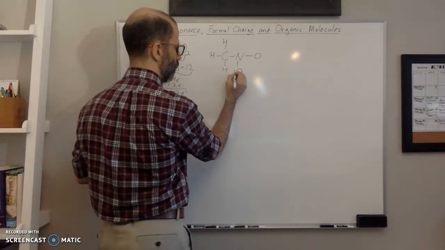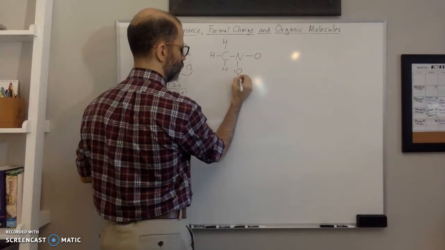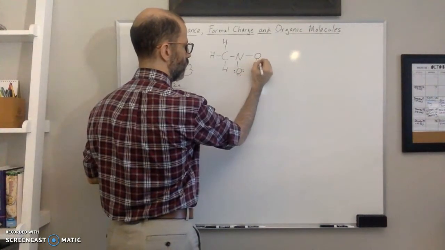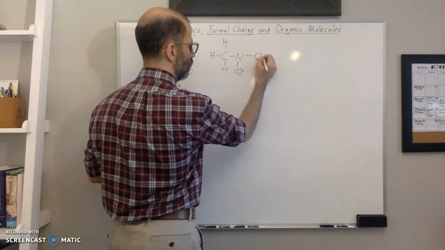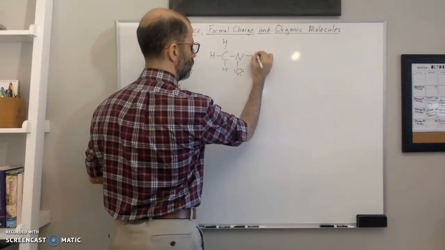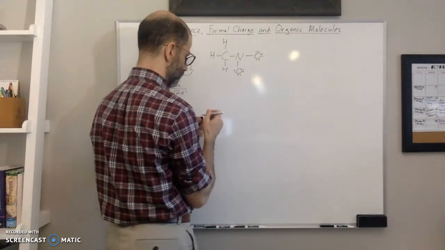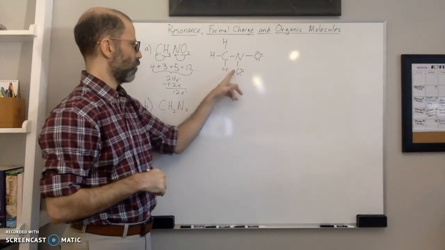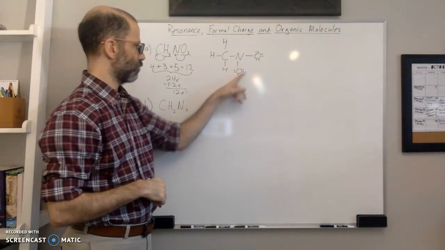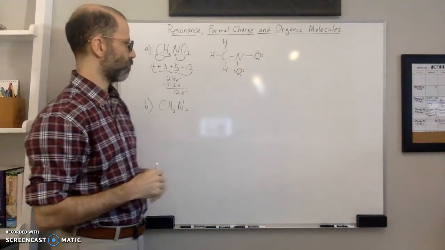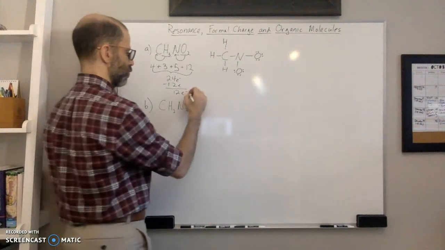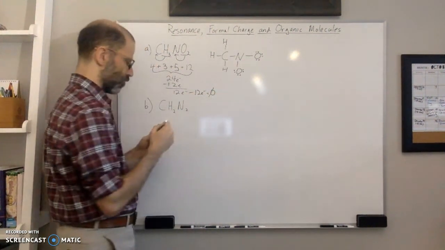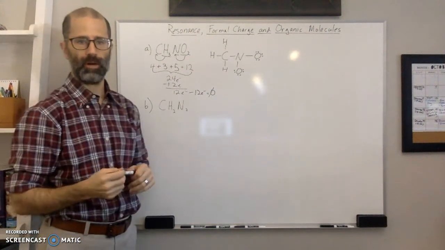So I'm going to put 1, 2, 3, and 1, 2, 3. How many electrons did I use when I did that? I have 1, 2, 3, 4, 5, 6 lone pairs, so that's 12. Minus 12 electrons gives me 0. I have no more electrons left over.